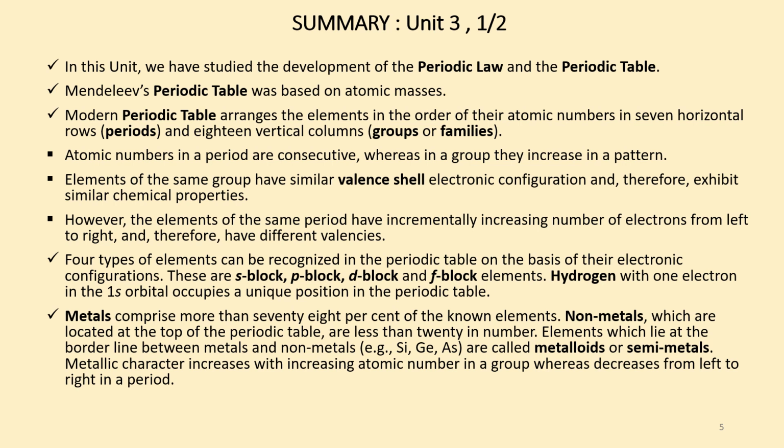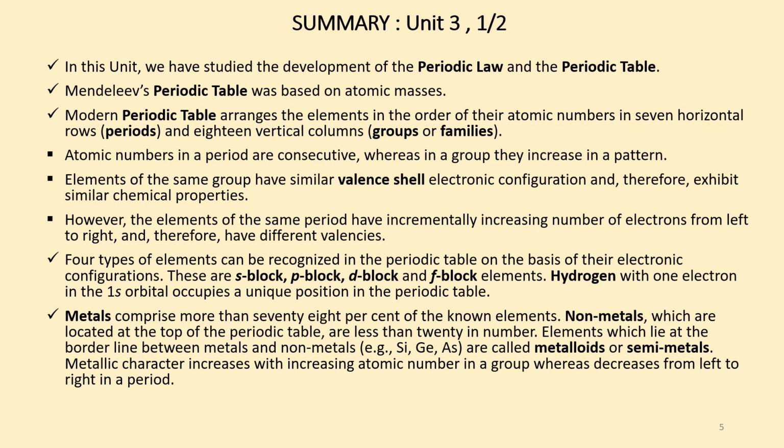Metals comprise more than 78% of the known elements. Non-metals, which are located at the top right of the periodic table, are less than 20 in number. Elements which lie at the border between the metals and non-metals, example silicon, germanium, arsenic, are called metalloids or semi-metals.